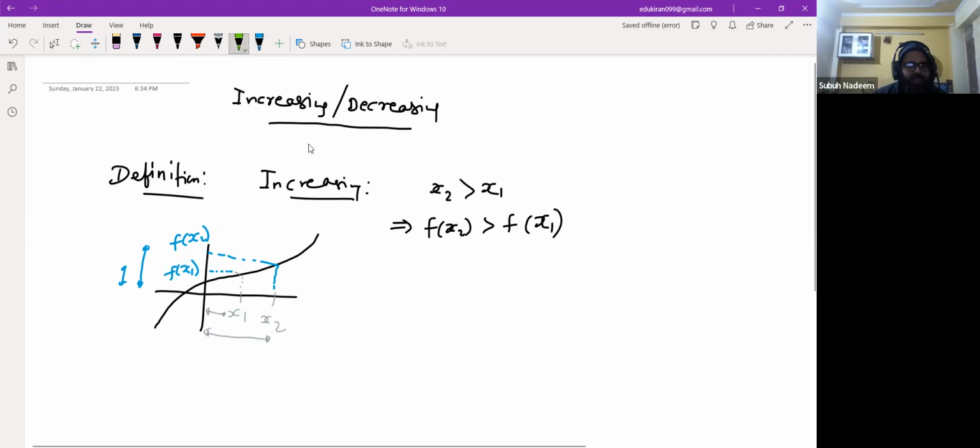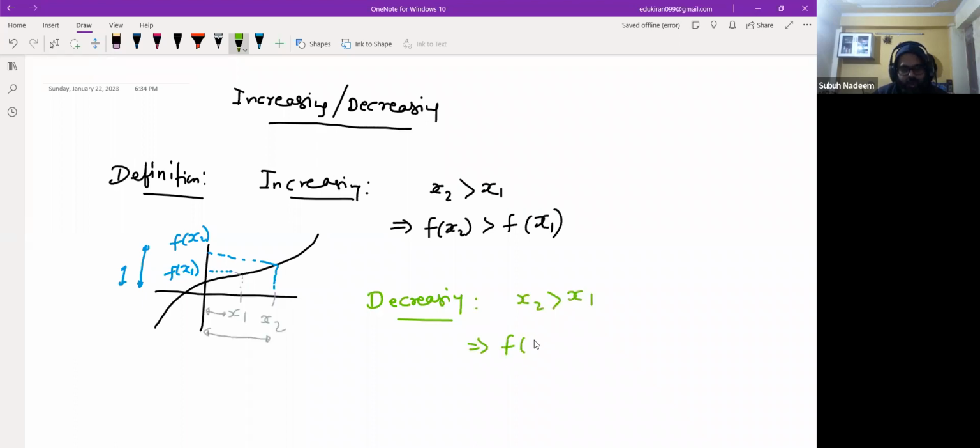If a function is decreasing, then if x2 is greater than x1, then f of x2 is less than f of x1. So here sign reversal. Why is it so? We'll see it from this graph here. Suppose the graph is something like this. This is a decreasing graph. Why is this decreasing?